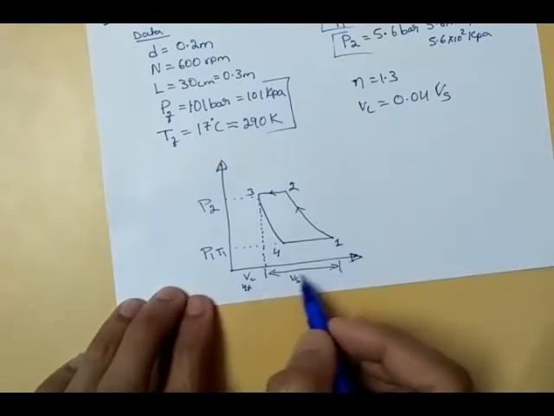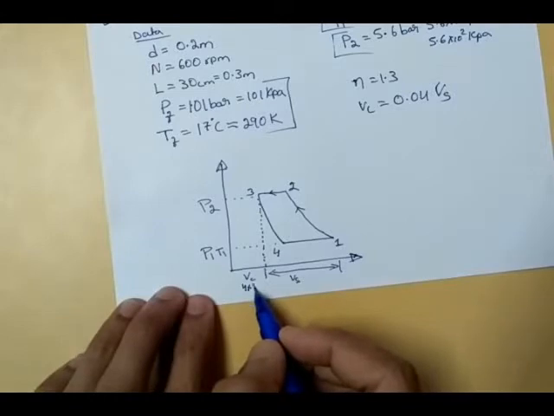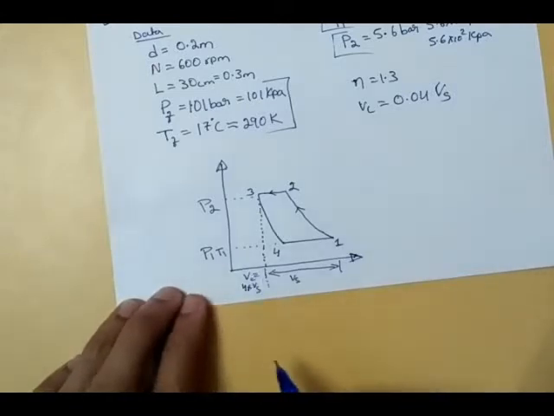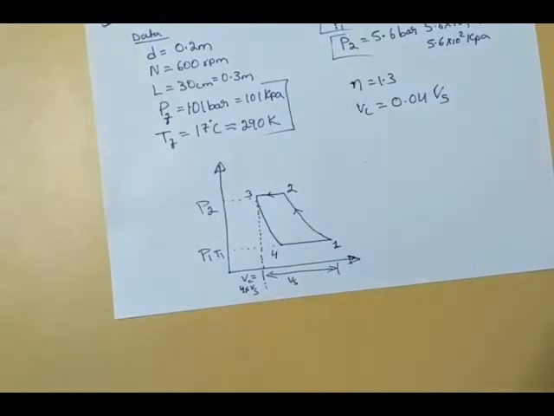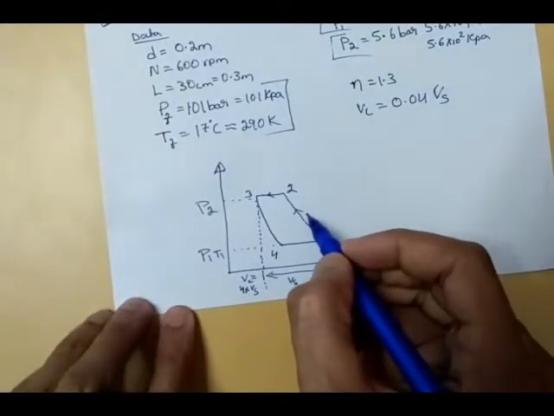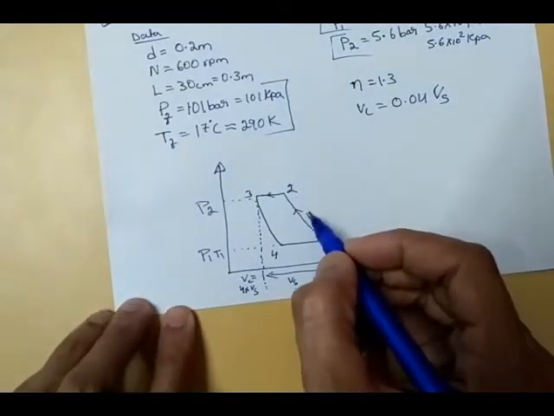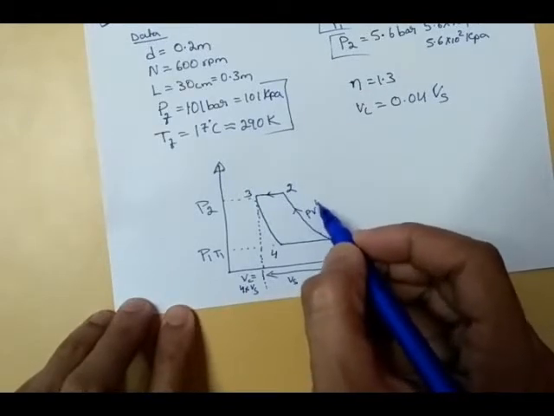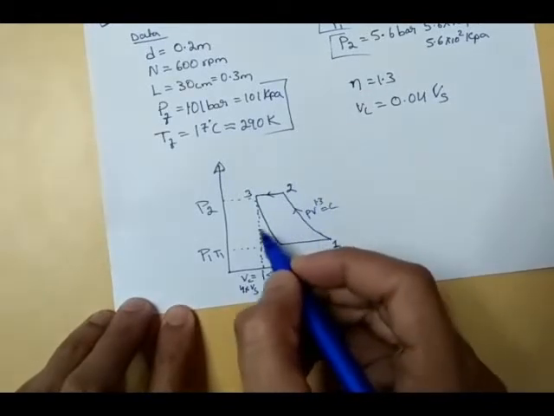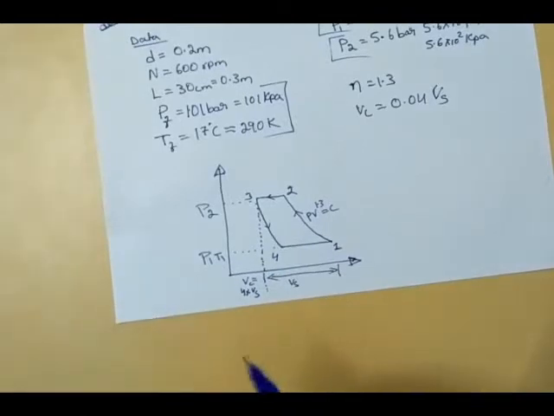Vc is 4% of this stroke volume. So n they have given, PV power 1.3 is equal to constant. This is applicable for both compression as well as expansion.